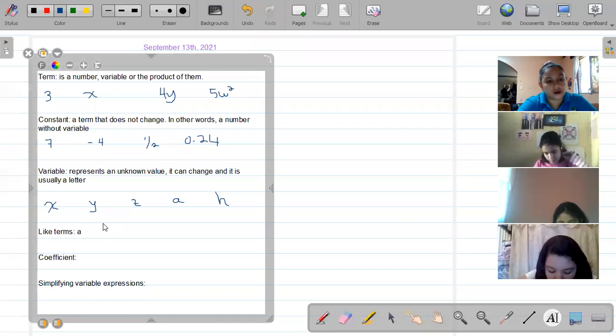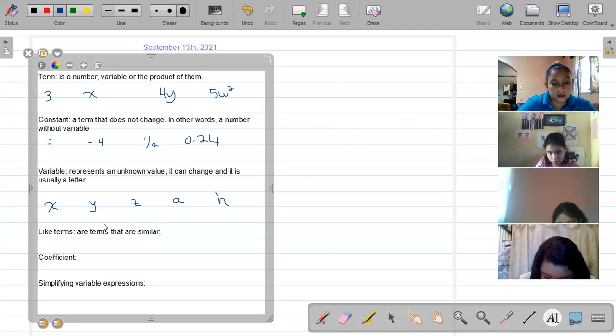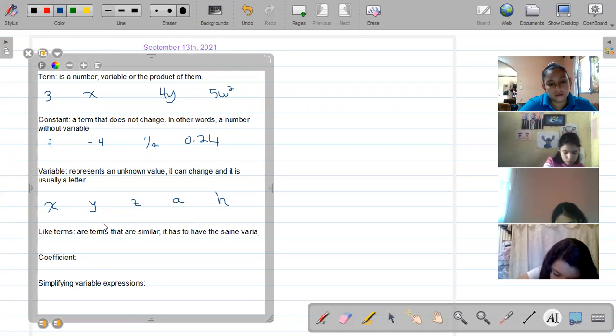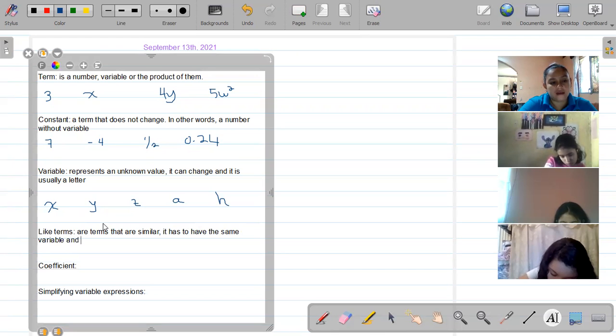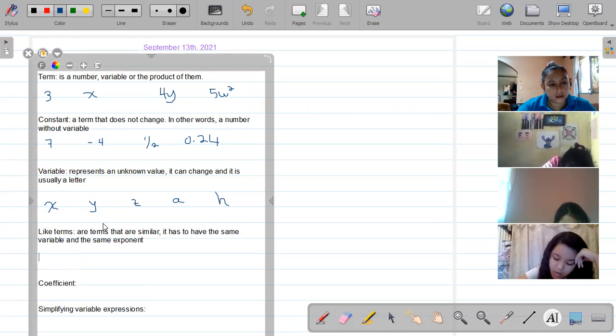Like terms are terms that are similar or are identical. But we're going to say similar. It has to have the same variable and the same exponent. Okay, like terms are terms that are similar. It has to have the same variable and the same exponent.